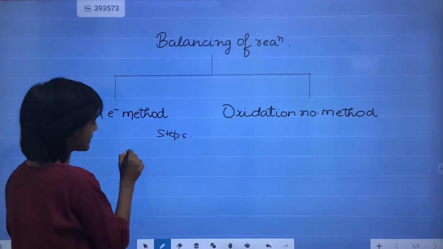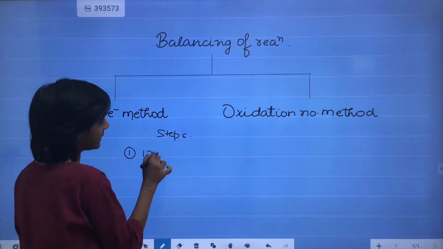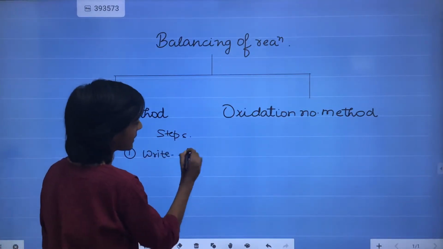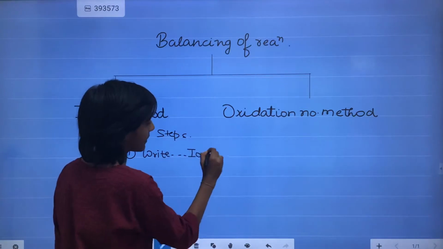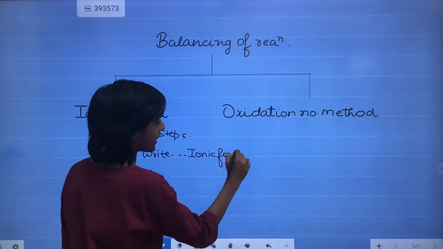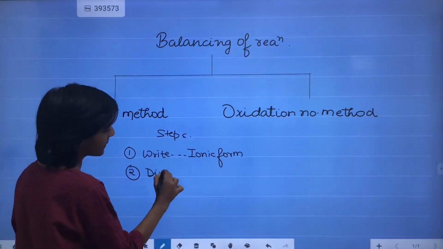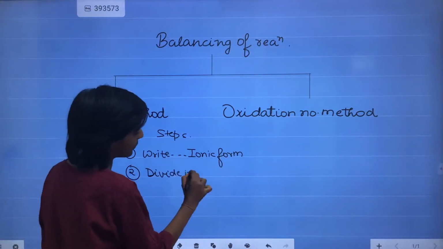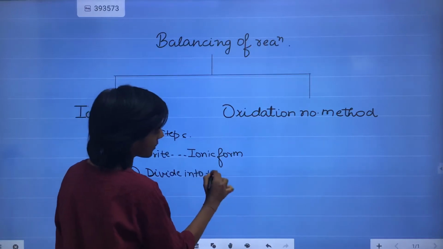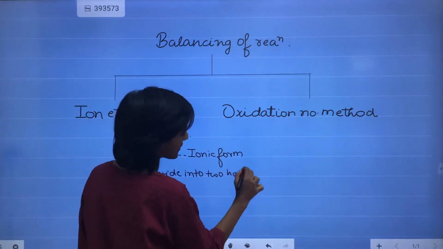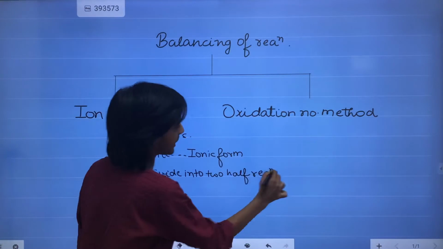So the first step is to write the reaction in ionic form. Then divide it into two half reactions, one is oxidation and the other one is reduction.